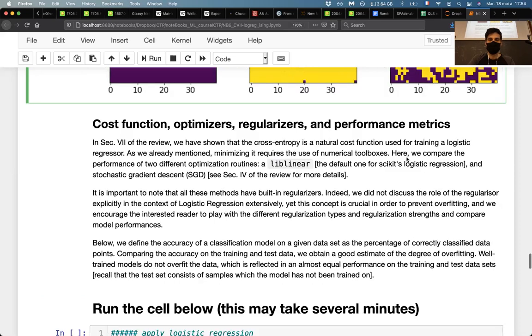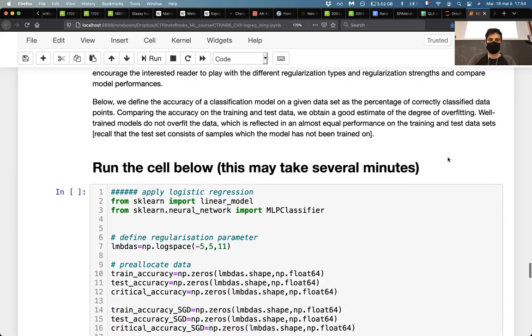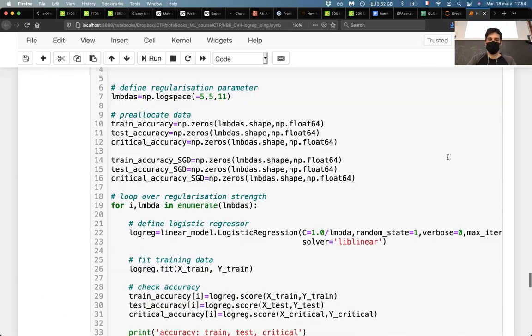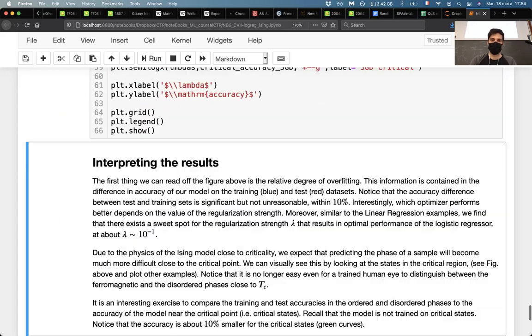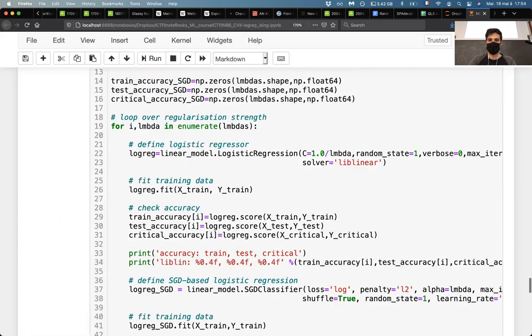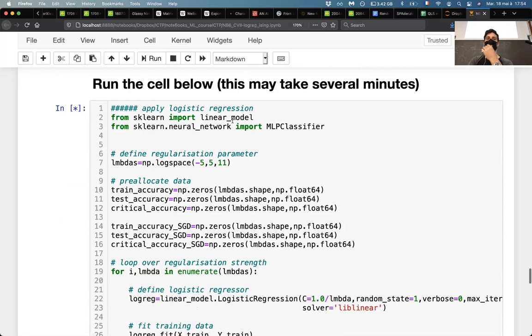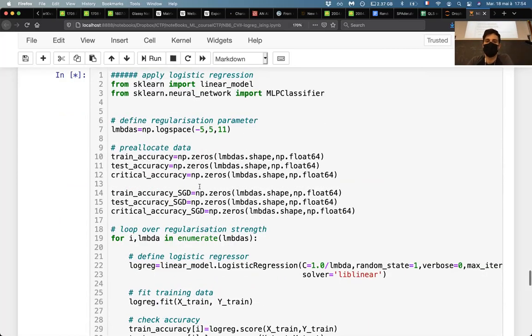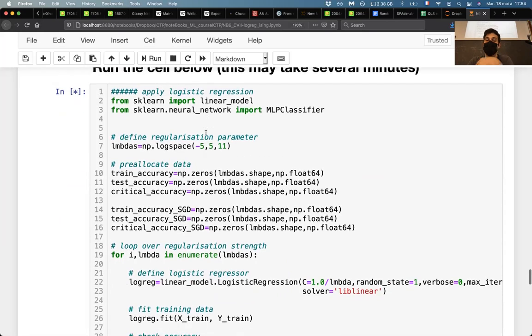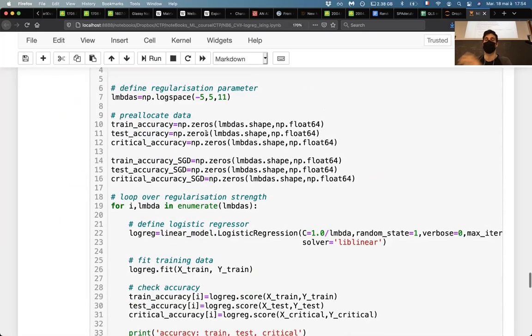So here we're gonna train our model. I'm running it right now because it takes maybe 30 seconds. We're gonna train our model using 2 different optimizers. We are trying to minimize the cross entropy, exactly like we discussed, in 2 ways.